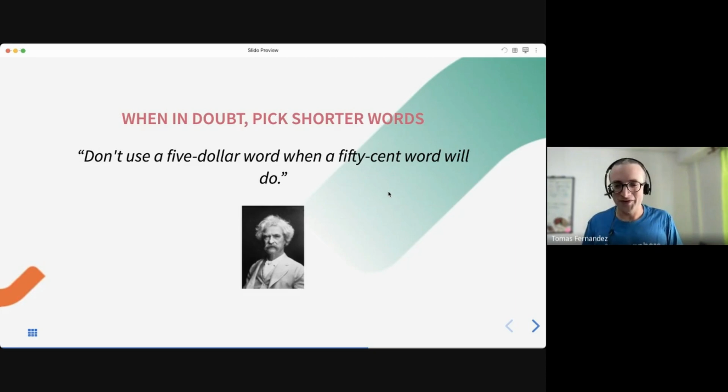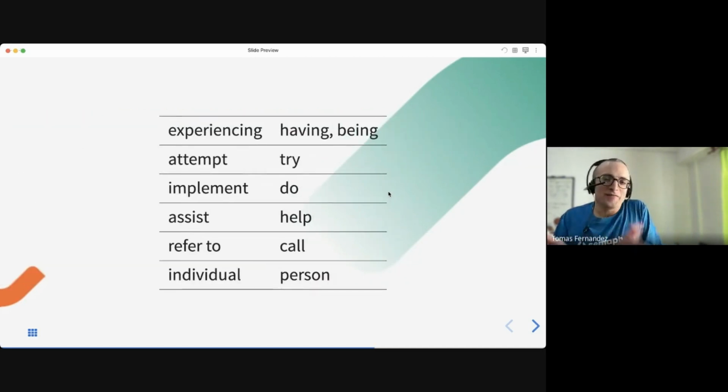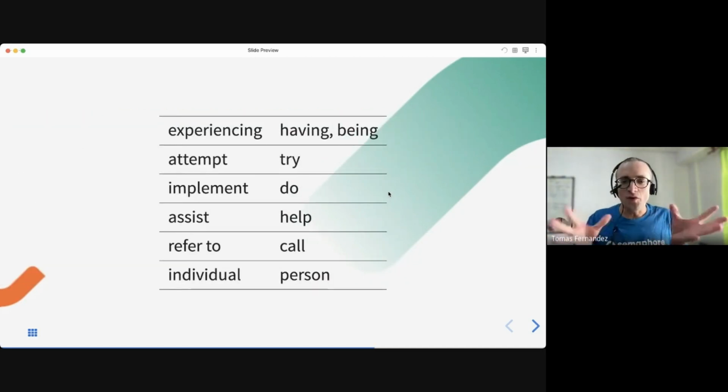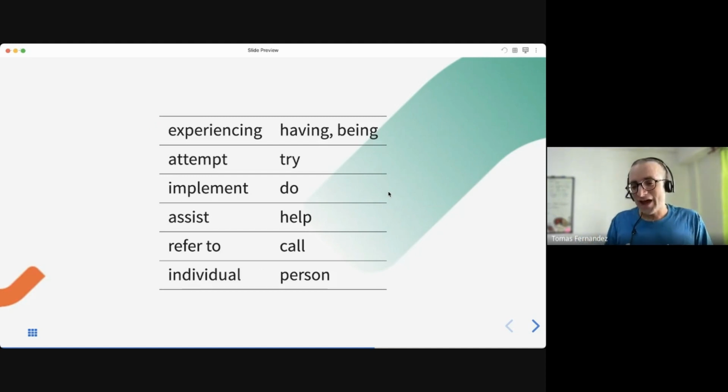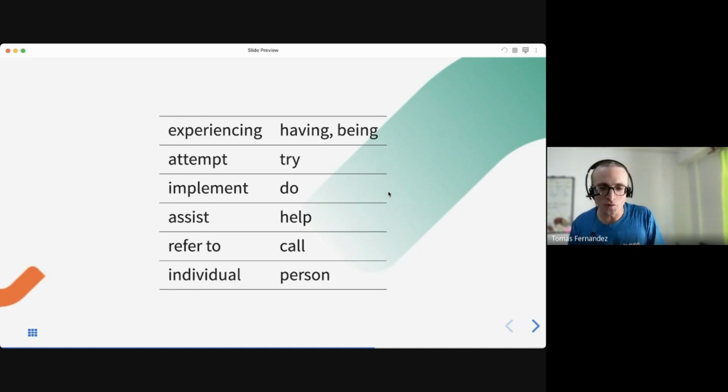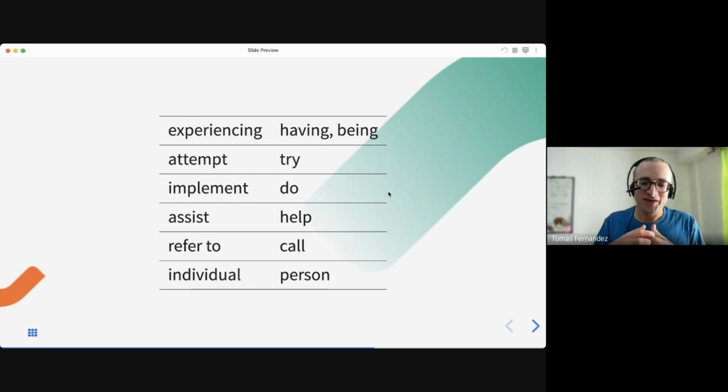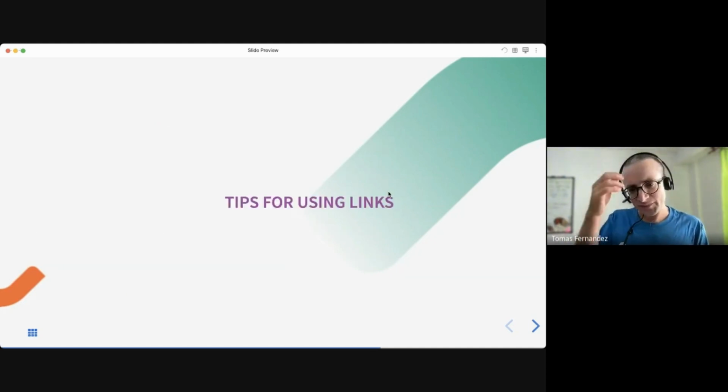Maybe it helps your ego as a writer, but it doesn't help the reader to assimilate. So here again are some examples of words that have easier alternatives, where there's really no reason to pick the harder alternative, unless maybe you need a synonym because you said one word too much. But in general, I think the shorter and simpler is best.